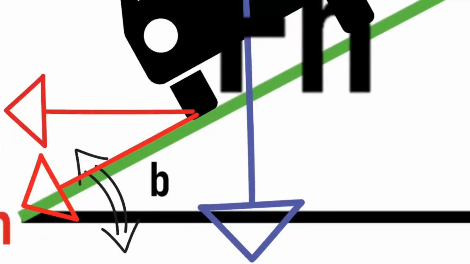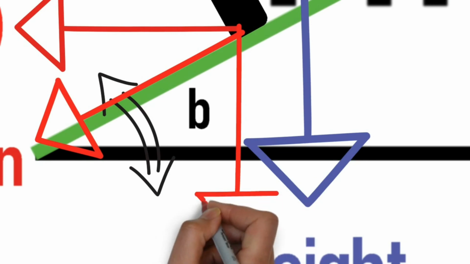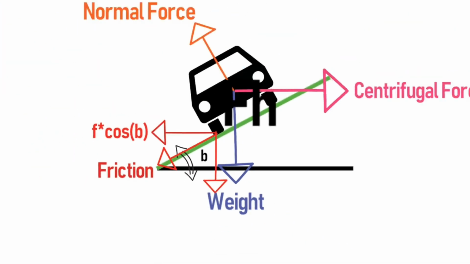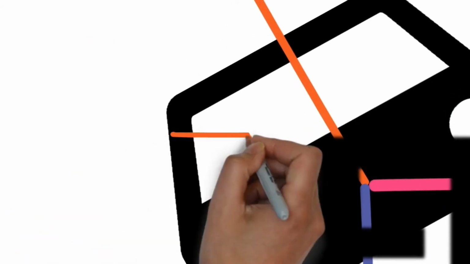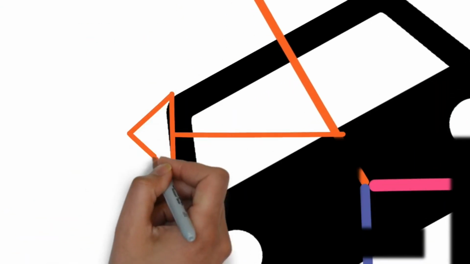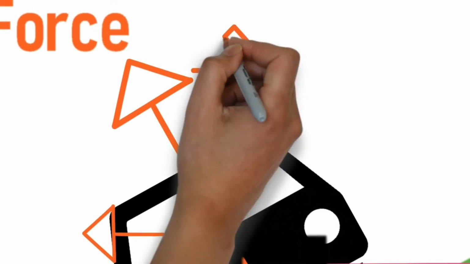And this horizontal component is known as F cos B, and the vertical component is known as F sin B. And similarly, if we resolve the normal force in perpendicular and horizontal directions, we can resolve it like this.